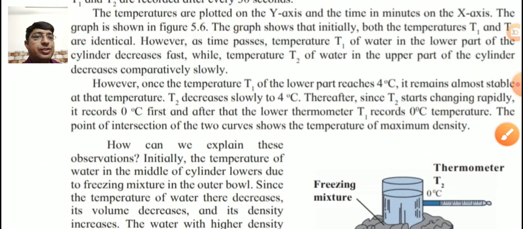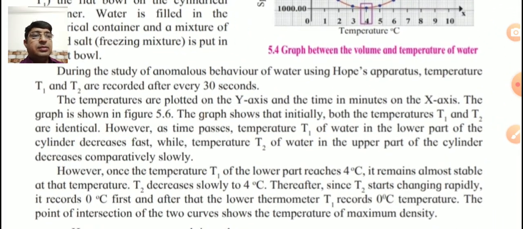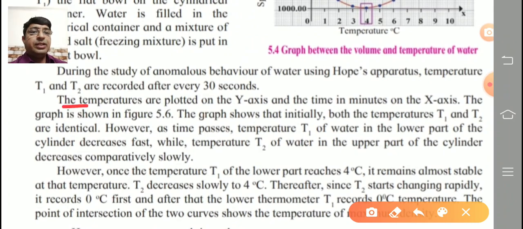Now see the explanation. The temperatures are plotted on the y-axis and the time in minutes on the x-axis. The graph is shown in figure 5.6. The graph shows that initially both temperatures T1 and T2 are identical, meaning the same.